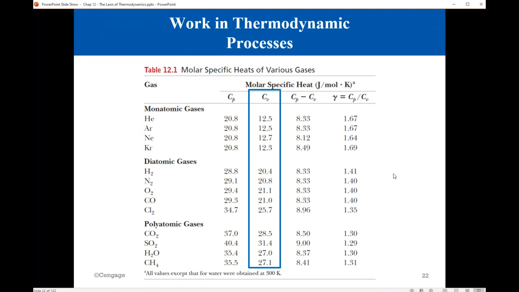Just like we use the specific heat capacity in chapter 11 to estimate the heat transfer, here we need CV when we study the heat input to the gas system, which plays a role in changing its internal energy.